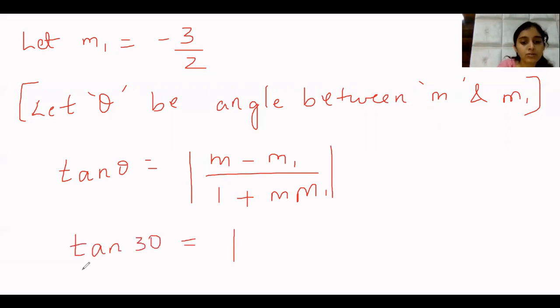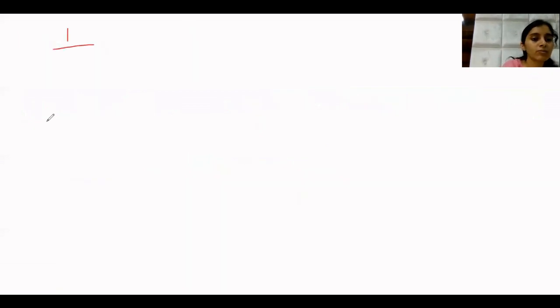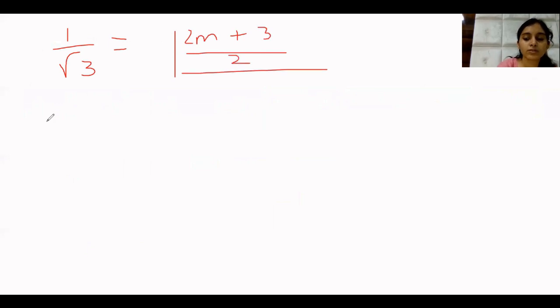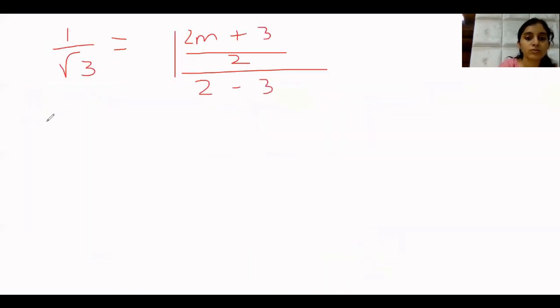Tan 30 is equal to m minus m1, and m1 is minus 3 upon 2, upon 1 plus minus 3 upon 2 into m. Now what is tan 30? It is 1 by root 3. So 1 by root 3 is equal to m plus 3 upon 2, or 2m plus 3 upon 2, and we have 2 minus 3m upon 2. This cancels out.